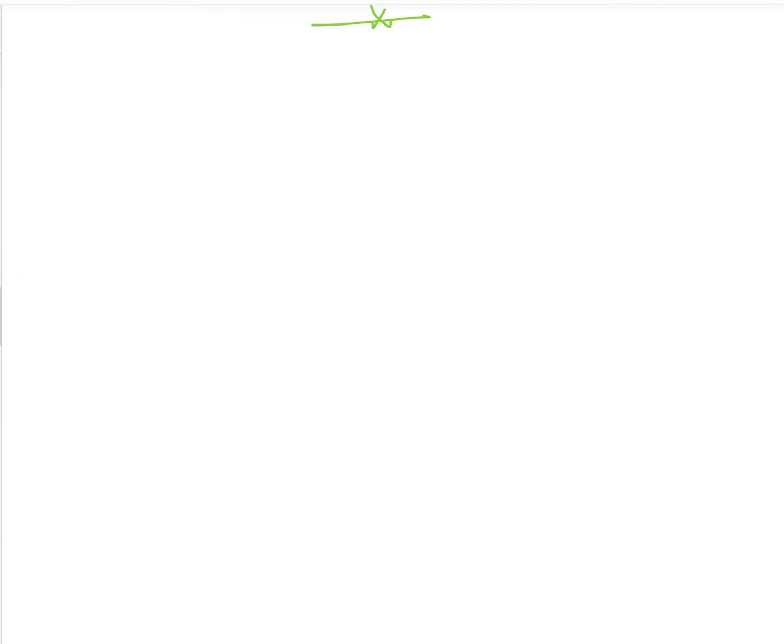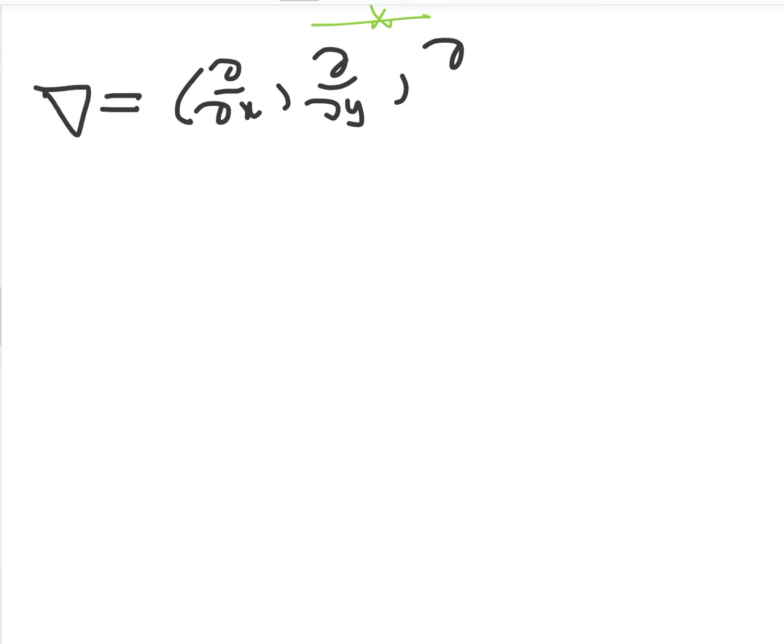Okay, there will be one last operator that is a consequence of this del operator. Recall that we said that the del operator is a vector operator containing the partial derivatives with respect to x, with respect to y, and with respect to z.